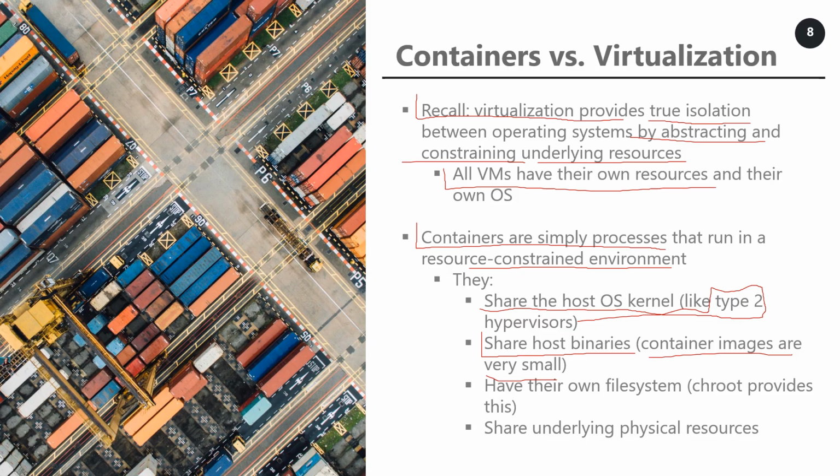Now a container will be very small because it doesn't contain the entire OS. That's why it's interesting. It shares the kernel with all the other containers. It's very lightweight, and for that reason, there are some benefits. We'll discuss them in a moment.